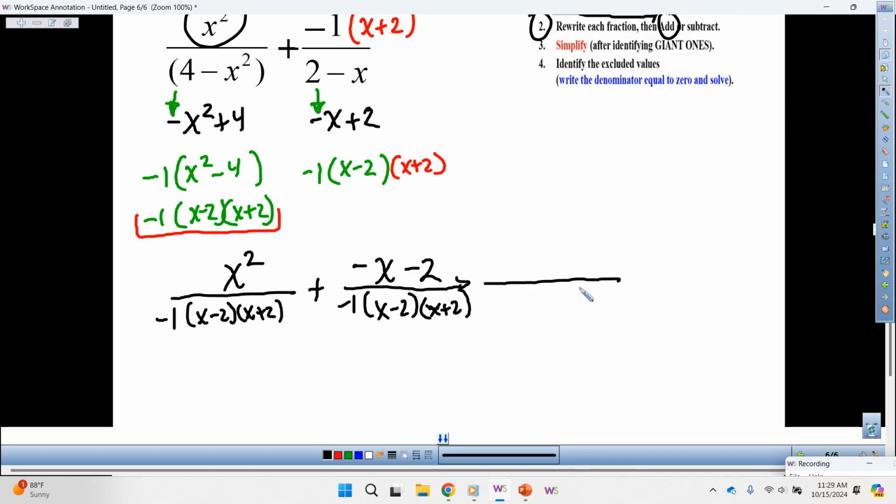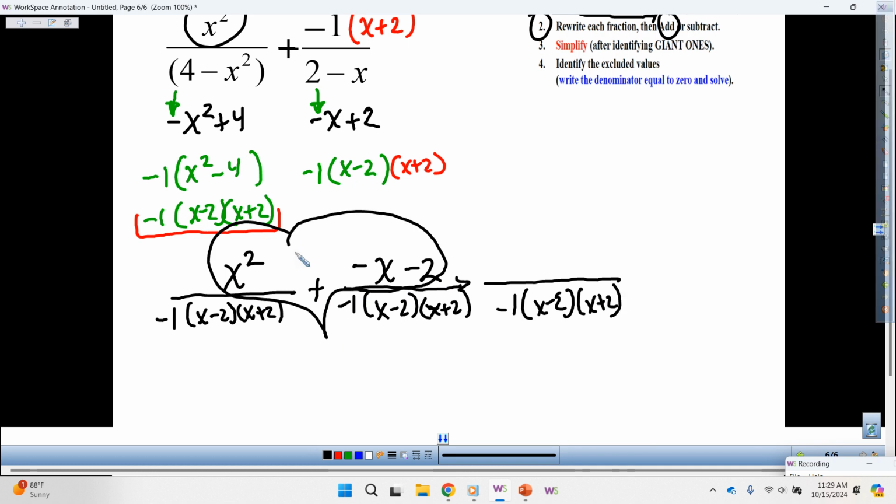So, common denominator, we just write it once. x minus 2, x plus 2. Then we add the numerator. So tell your neighbor what to write here. And then Joseph's going to pass it to someone. All right, good communication. Joseph, pass someone. Elijah, what do I write?